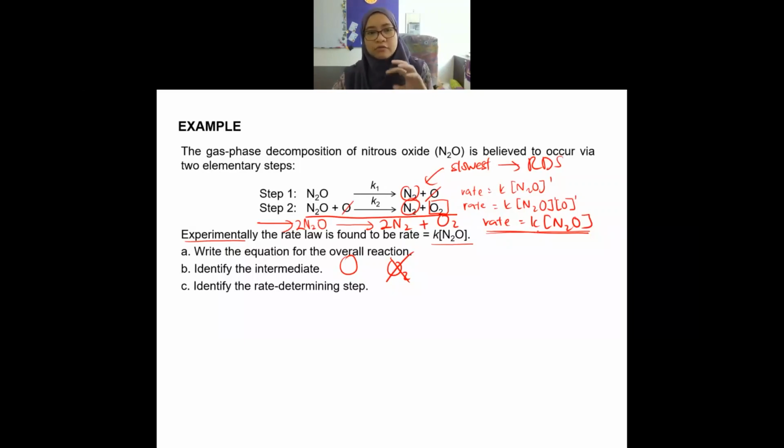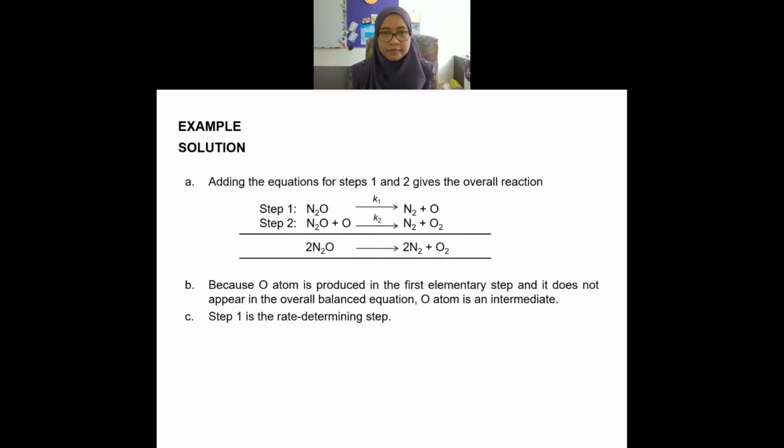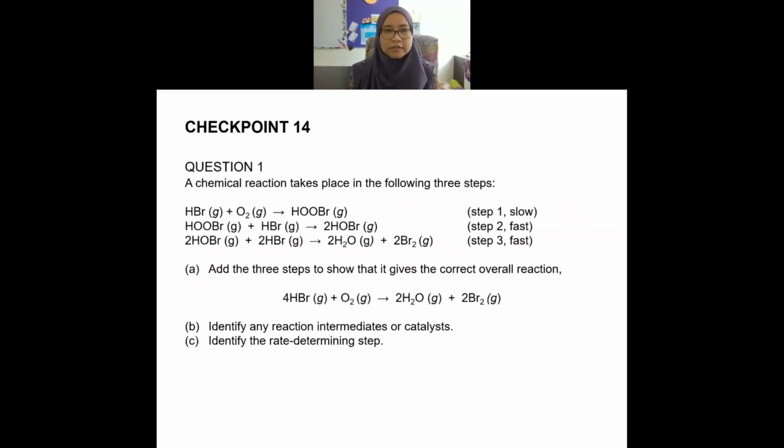So normally the overall rate law would be directly related to the slowest rate law, because the slowest rate law will determine the rate of the whole reaction overall. Okay, right. Step 1 is the rate determining step.